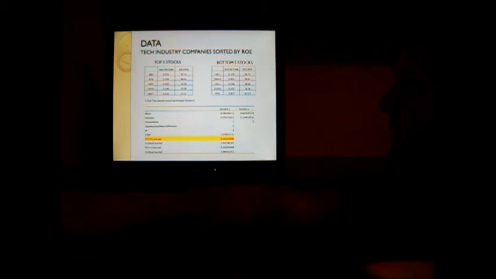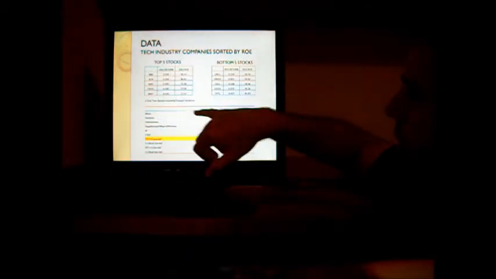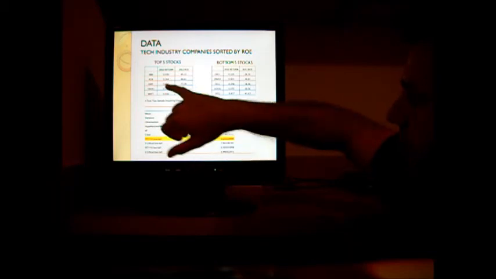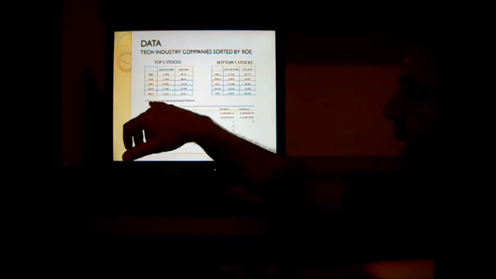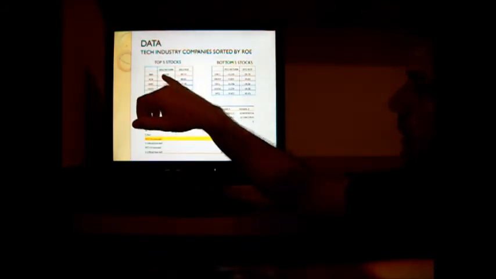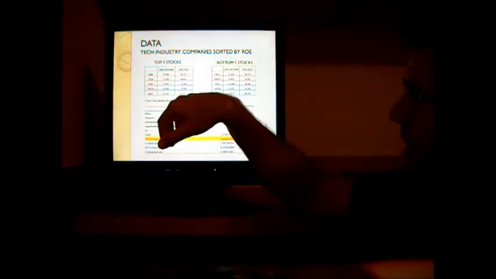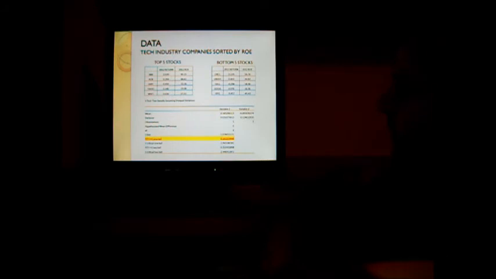Looking at the tech industry companies, I did the same thing. I chose 10 companies. Some of them were included in the Dow 30 list, such as IBM, Microsoft, and Hewlett-Packard, and I also added Apple, Yahoo, Dell, Google, and Oracle, for instance, and sorted them again by their ROE. So I had the top 5 in one column and the bottom 5 in another, and again ran the same two-sample assuming unequal variances test using Excel.